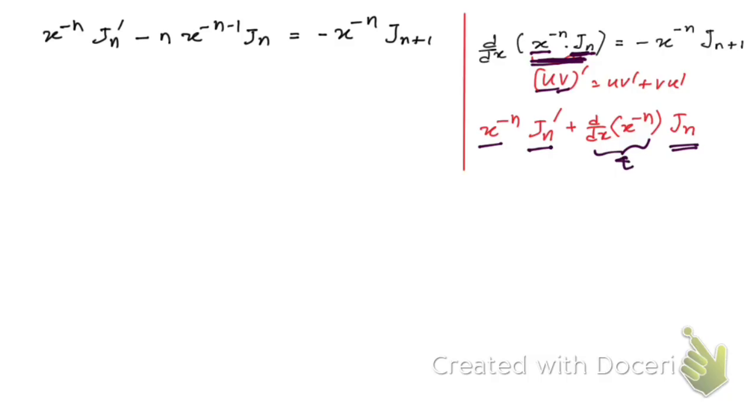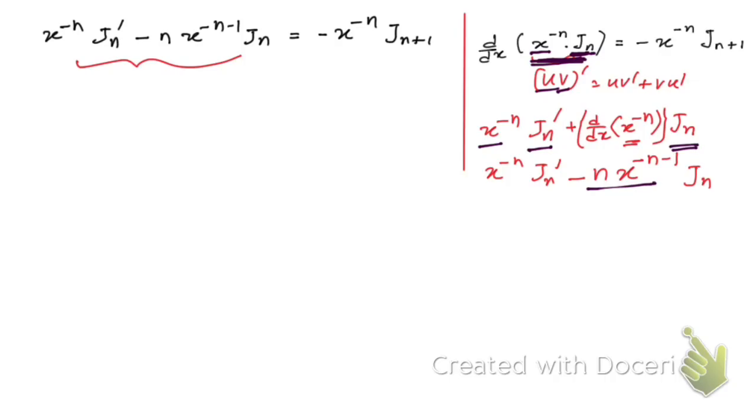So first function times derivative of second function, plus second function times derivative of first function. If you differentiate this, we're going to have this step. Here we have applied d/dx of x to the power n, so this minus n comes, this power is minus n, so minus n minus 1 here.